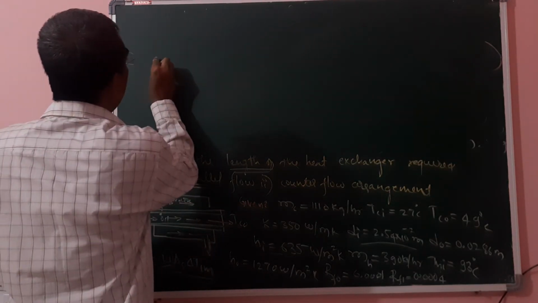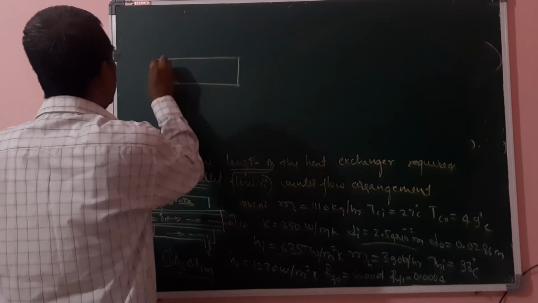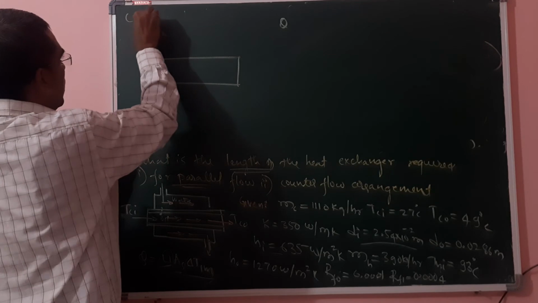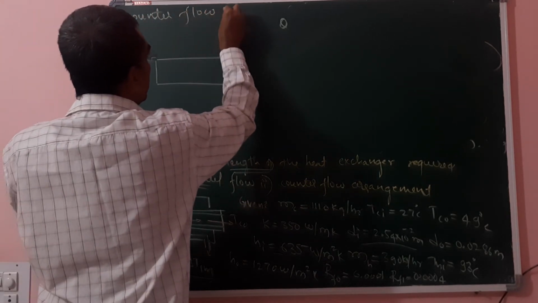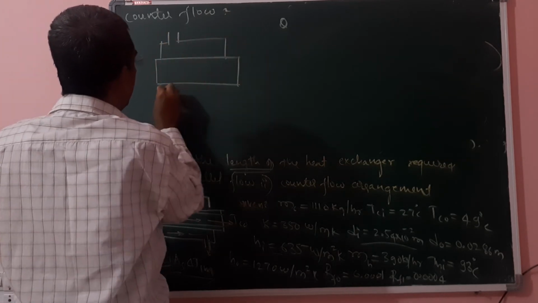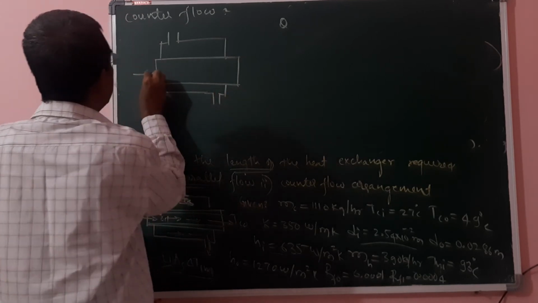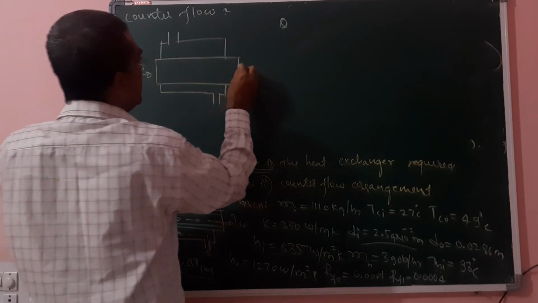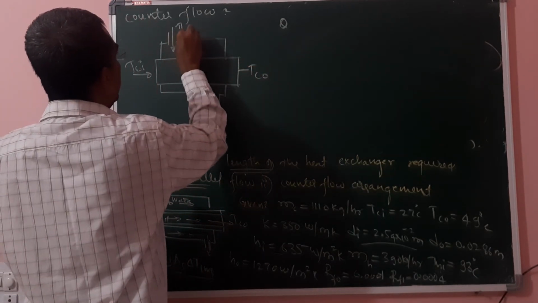What will theta 1 and theta 2 be for a counter flow heat exchanger? Here we have Tci, Tc naught, Thi.